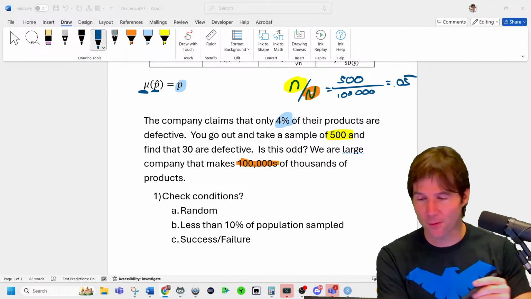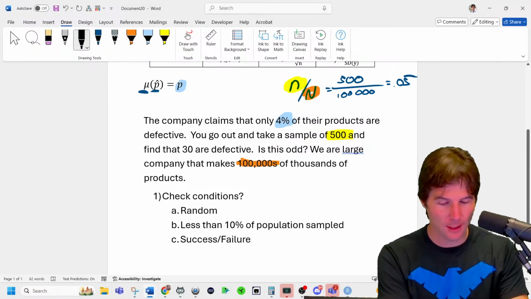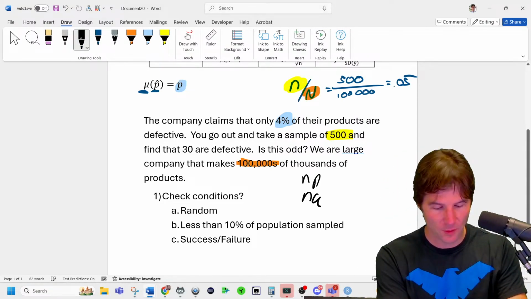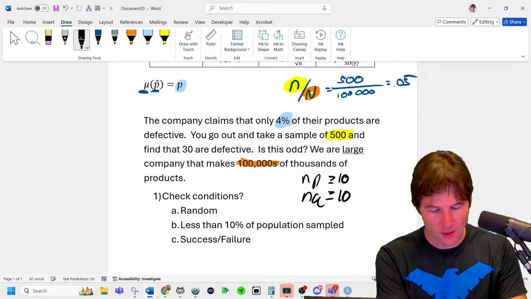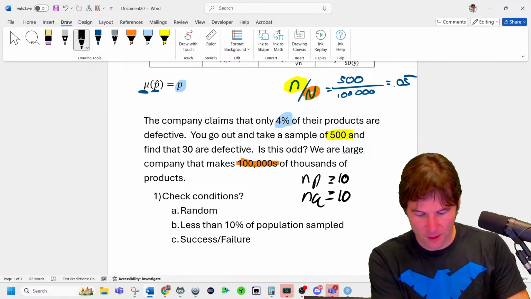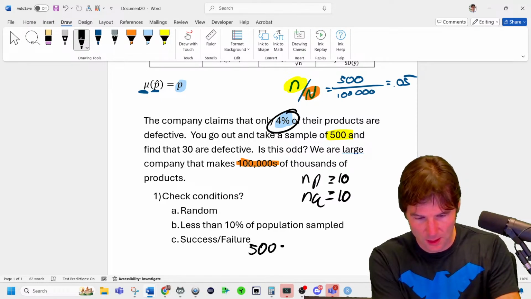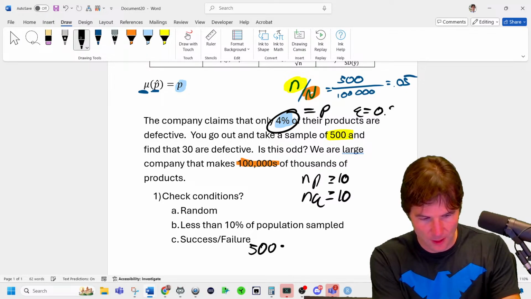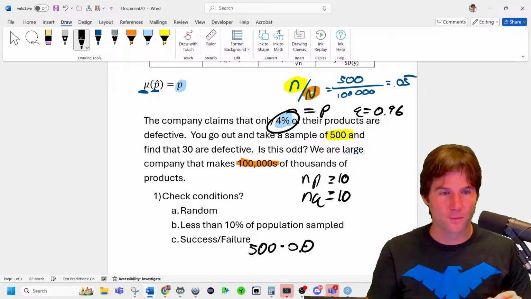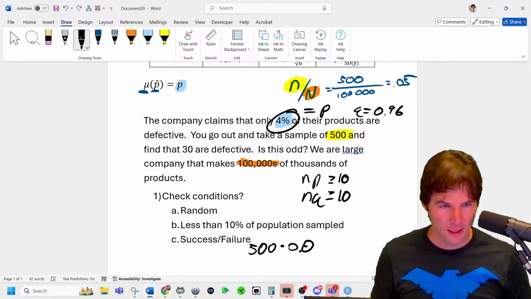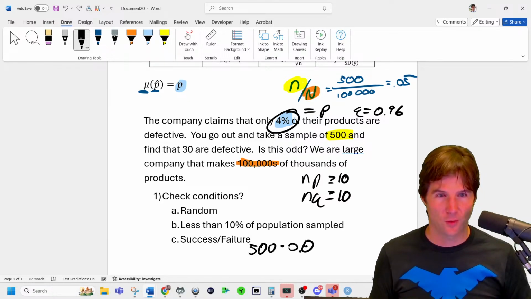I'll start solving the math for you here. We need np and nq greater than or equal to 10. N is going to be 500. So 500 times p, and p is 0.04. And then q is equal to its complement, 0.96. So if we have at least 10 successes and at least 10 failures, correct.